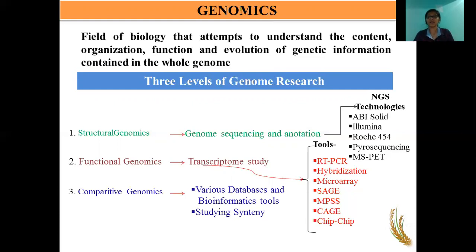You can study the synteny, or similarity and differences, between two or more individual genomes. All these tools are useful in the identification of genetic structure, various kinds of transcripts and their abundance, and you can also compare the genomes of two or more individuals.